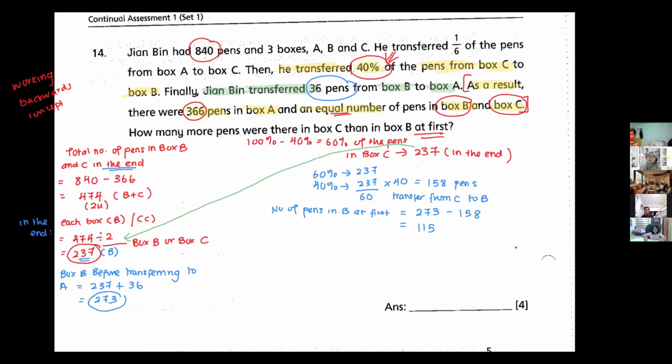Do I stop there? No, because I'm not done yet. Now I have my B, but I don't have a complete C yet. So we go backwards again, and you look at that he transferred 1/6 of the pens from A to C. Now we have that clue.